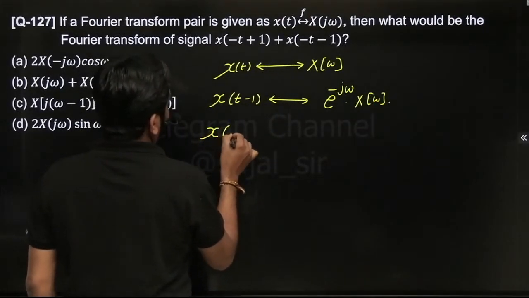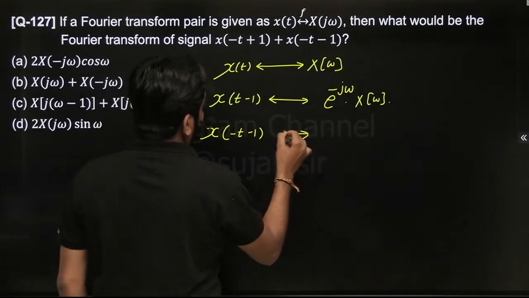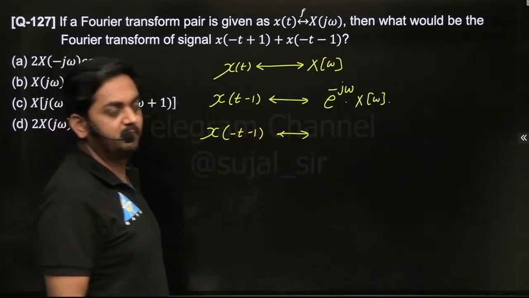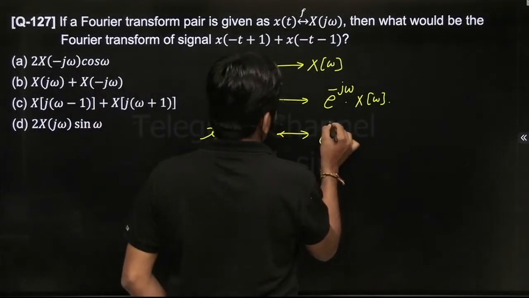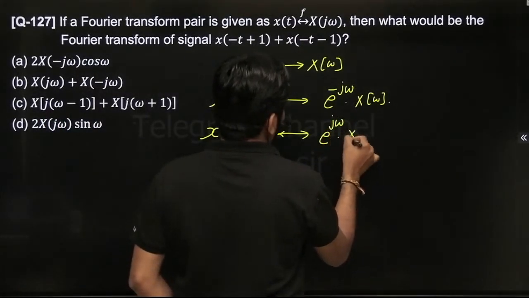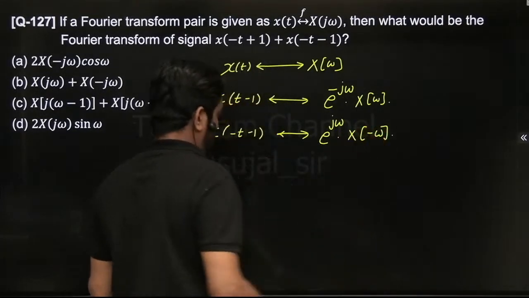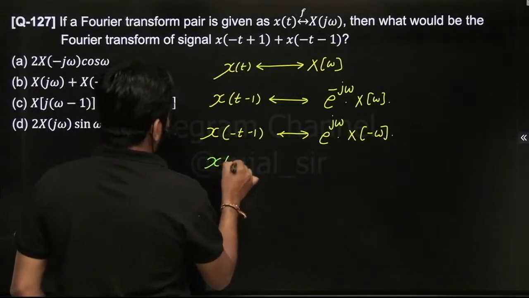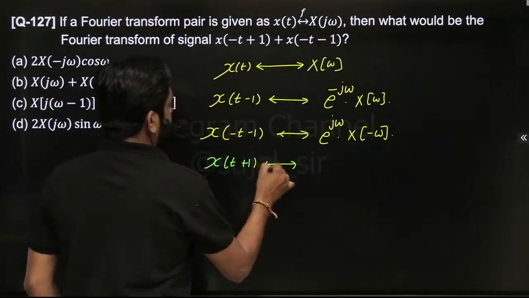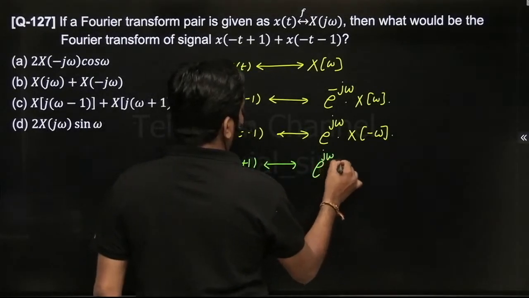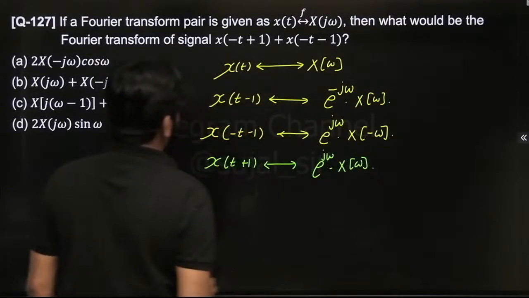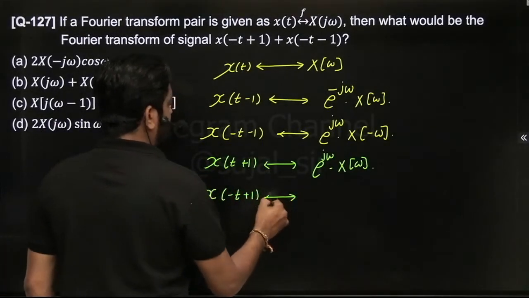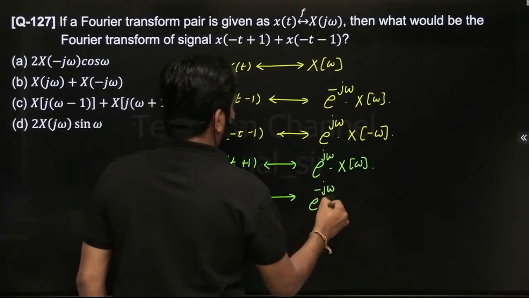Then for minus t minus 1, t becomes minus t, guys, so omega becomes minus omega. Now here x of t plus 1, so e to the power j omega X of omega. And again t becomes minus t, so omega becomes minus omega.